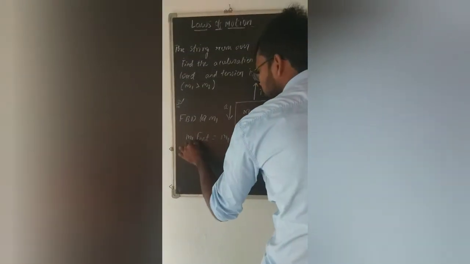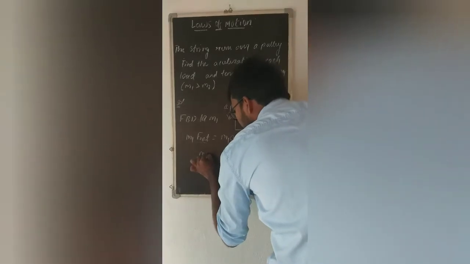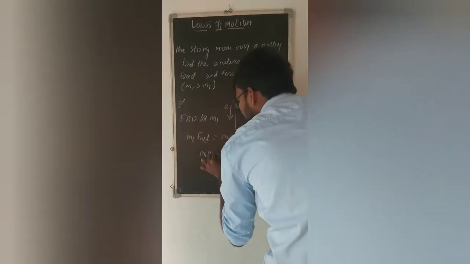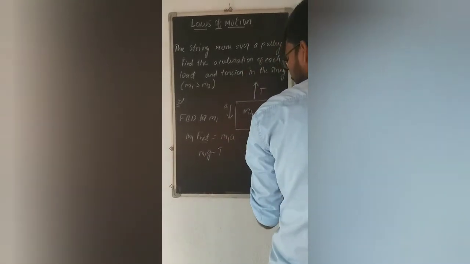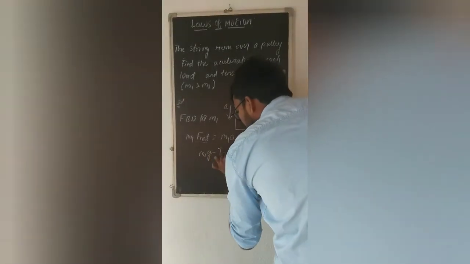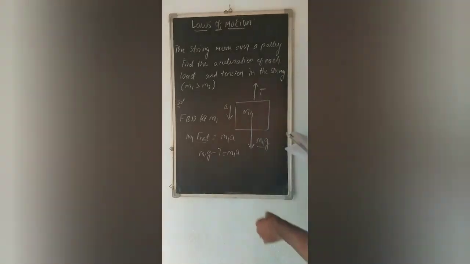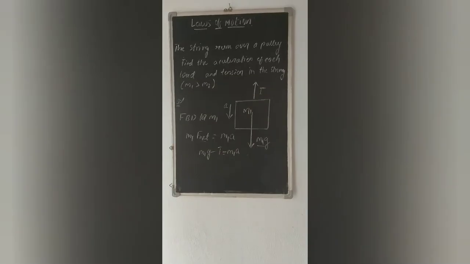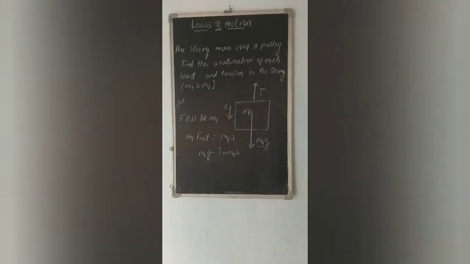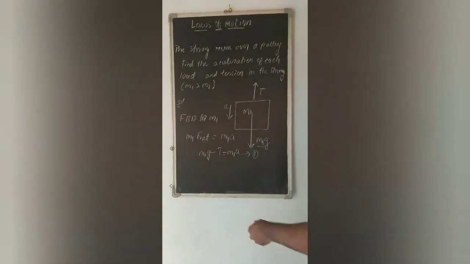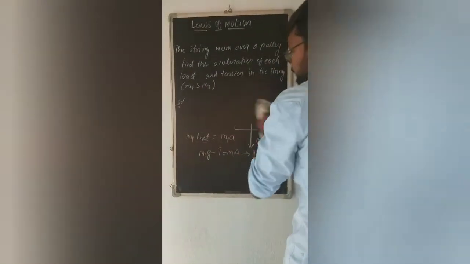So M1G minus tension is equal to M1A. Let us consider this as equation 1. Now write for M2.